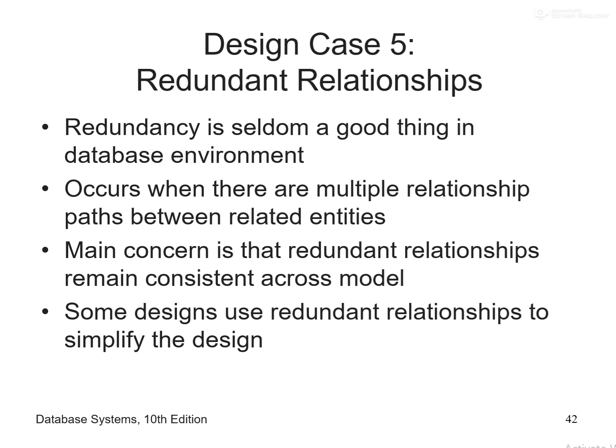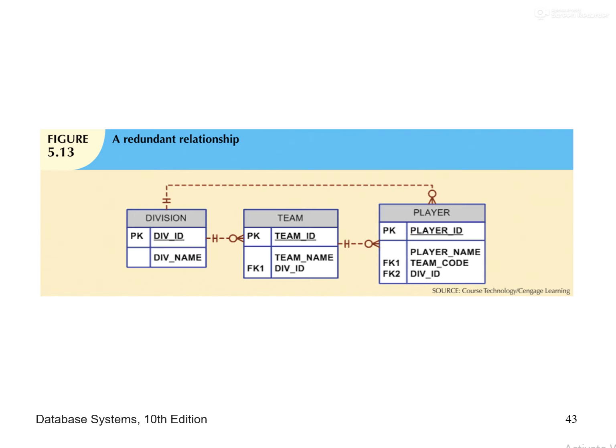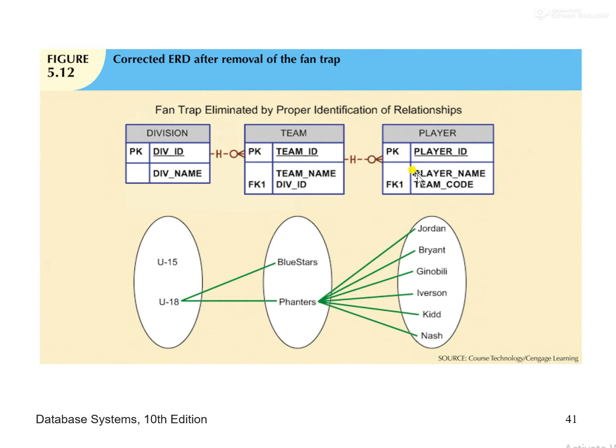Here we have an example for redundant relationship. As we have seen in the previous example of division, team and player, player has a relationship with division, but it is a transitive relationship, that is, through team. If we want to see which player belongs to which division, we have to get this answer through team.